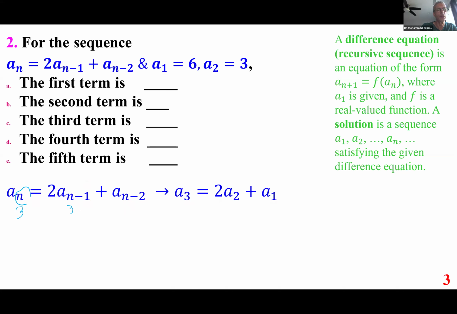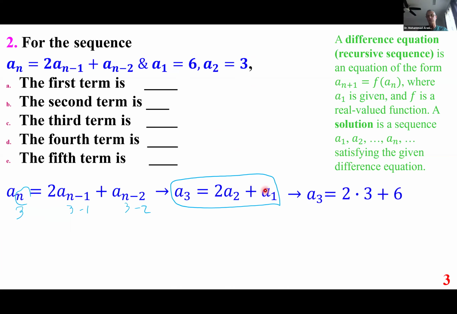So 3 minus 1, 3 minus 2. That's how you get this. And so 2 times A sub 2, 2 times 3, plus A sub 1, 6. They add up to 12. So very straightforward, everybody.